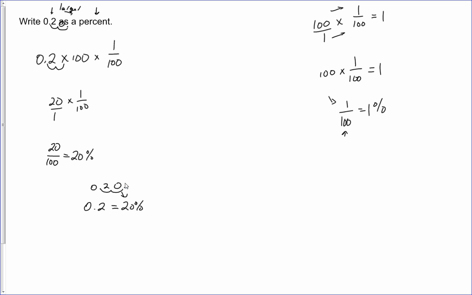All right, does that make sense? Converting from a decimal to a percentage, you move your decimal point 2 places to the right.